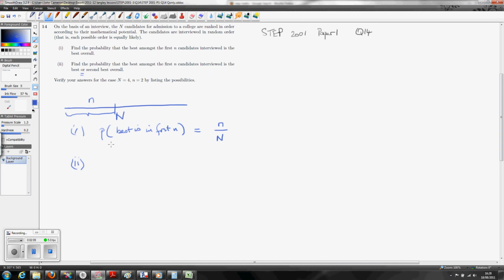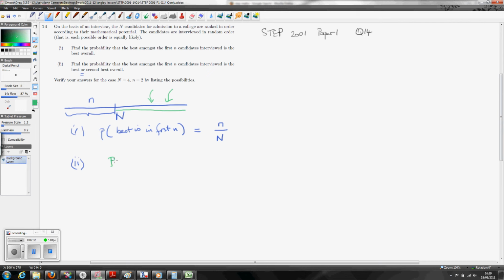So the opposite of this is that the best in the first n isn't the best overall, and it's not the second best overall. And that can only be true if, and I'll just change colour here, the best and the second best are in the second part of the interview sequence. In other words, they're in this line here, which is N minus n.